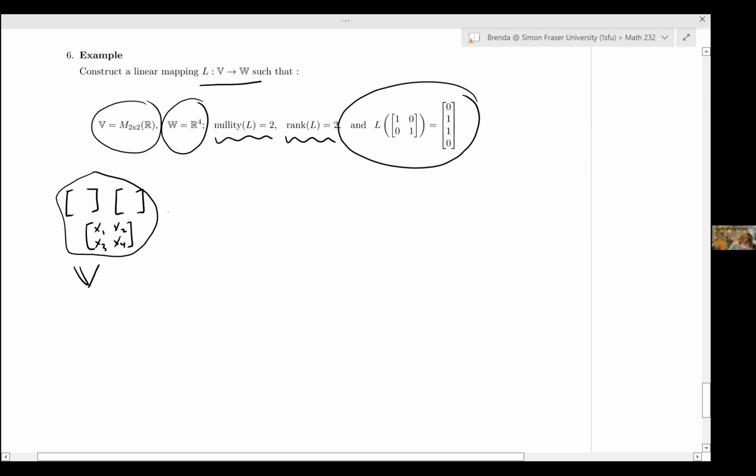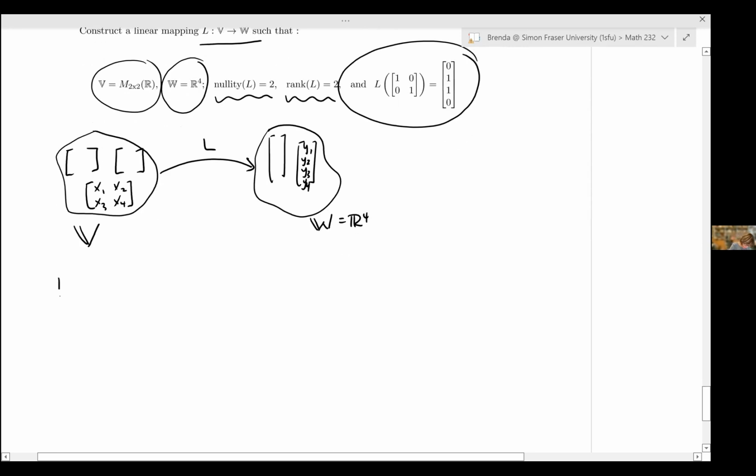Then we have a transformation L, and we end up over here in another vector space, which we've called W, and W is R4. Over here, we have vectors that have 4 components, and the general one looks like that.